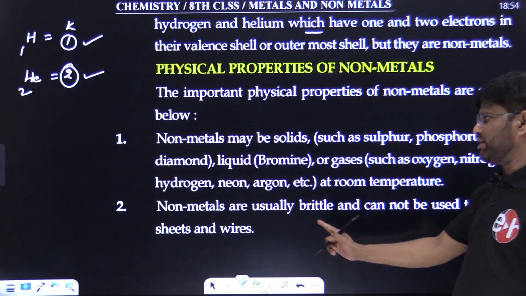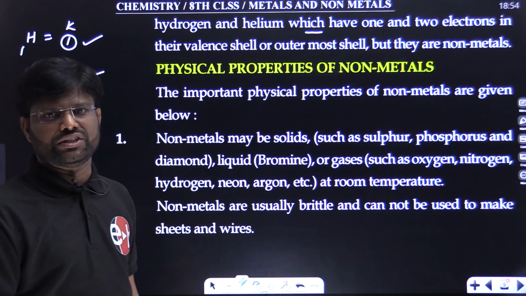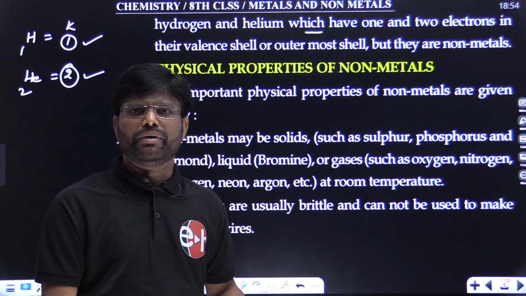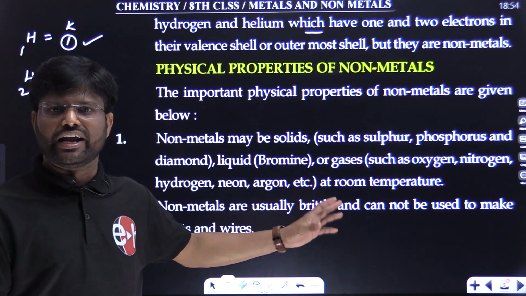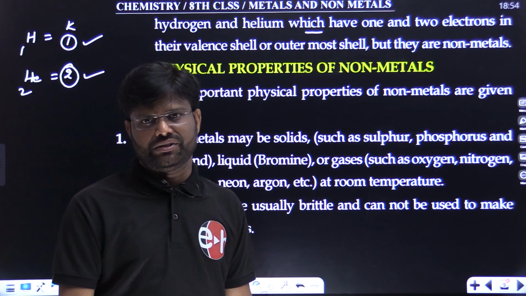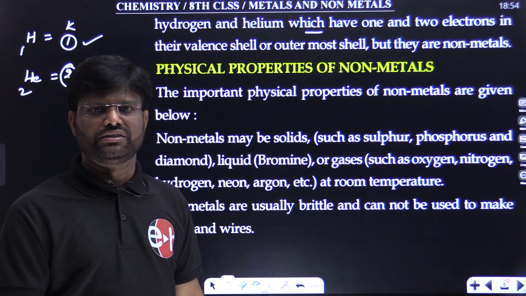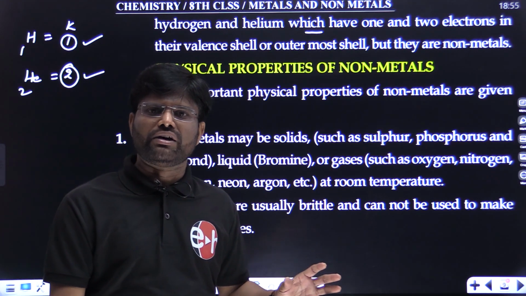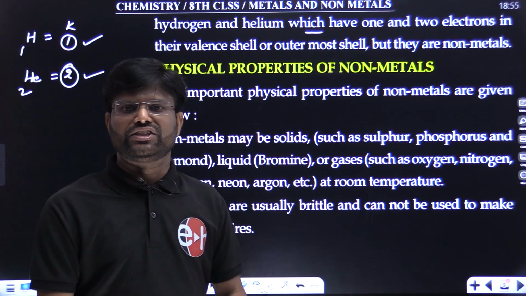Let's discuss the second point. Most of the non-metals are non-ductile and non-malleable. What is malleability? Metals can be beaten into sheets, but non-metals cannot be beaten into sheets, so they are non-malleable. Third, most of the non-metals are non-ductile.